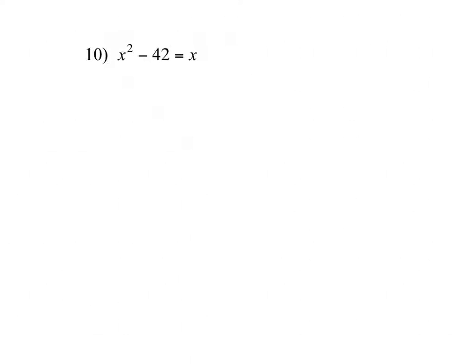Okay, so next one. First of all, I'm going to subtract the x. Again, if we have the quadratic term and the linear term, we need to have everything on the same side of the equation. So x squared minus x minus 42 equals 0. So factor this.